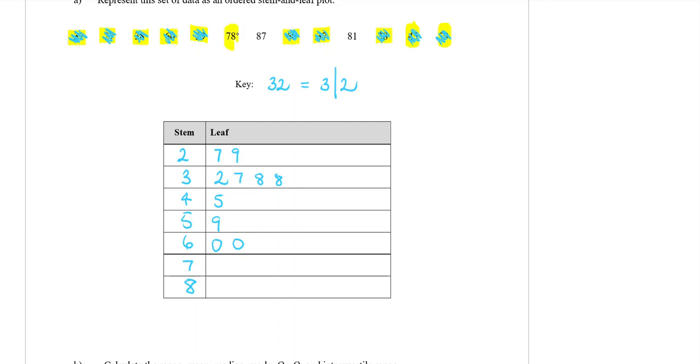There's only one, which is the 78. So we're going to put the 8 down here. 78. And that leaves 2 numbers in the 80s. I have 81 and 87. So 1 is going to have to go first, and then the 7. Okay, there is my stem and leaf, which also puts all of my numbers in order from smallest to largest.